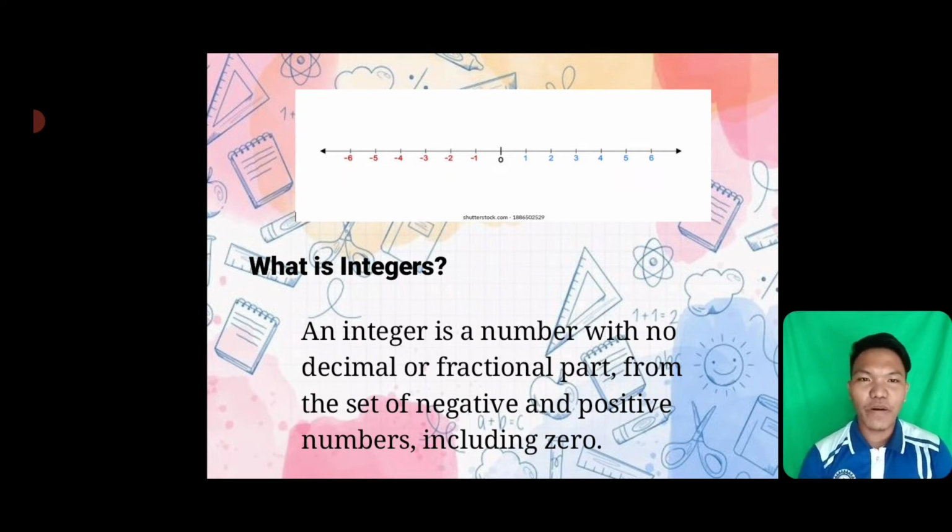You have to remember that numbers with no decimal or fractional part from the set of negative and positive numbers are integers. Did you get it? Very good, class. That is the integers.